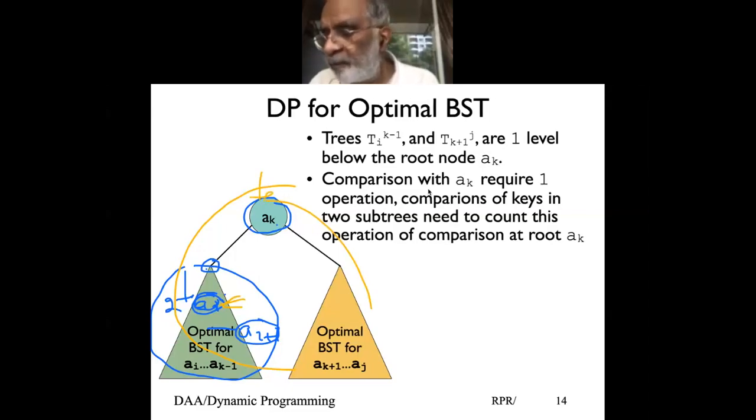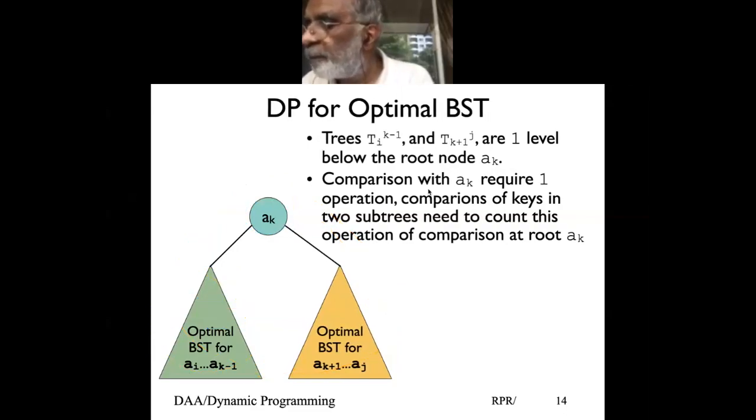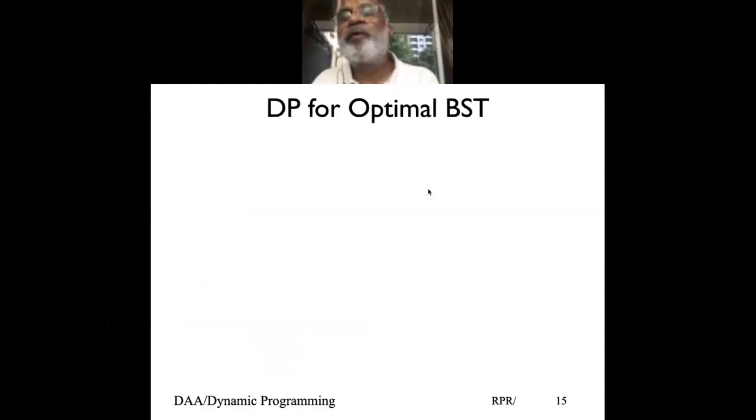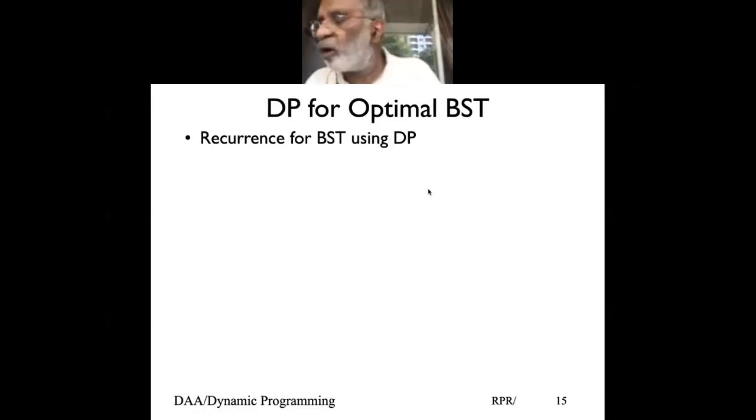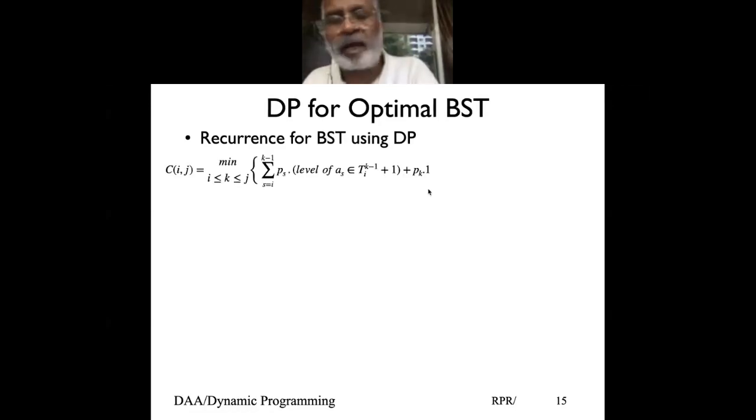So whatever my comparison in the subtree is, in the overall optimal tree this comparison increases by 1, and that's the point we're trying to make. Comparison with Ak requires only 1, and for the subtrees I need to add this comparison one more time. So primarily, my recurrence relation or my dynamic programming becomes like this. We assume that Cij is the optimal cost for tree Tij.